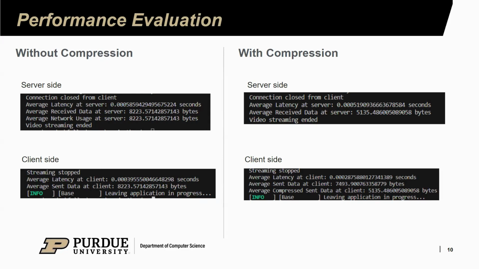Whereas with compression, the latency is slightly reduced and the received data at the server is 5,135 for 7,493 bytes sent at the client. That's a great reduction in network usage because of the compression performed in the algorithm. We can use more metrics to understand how many frames are transmitted, but my main performance metrics are latency and network usage.